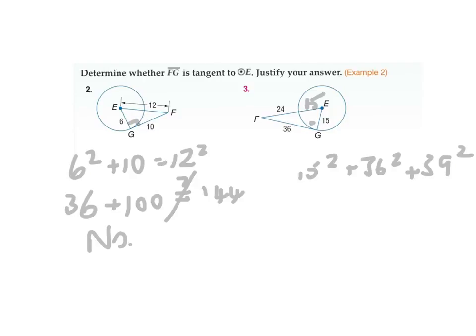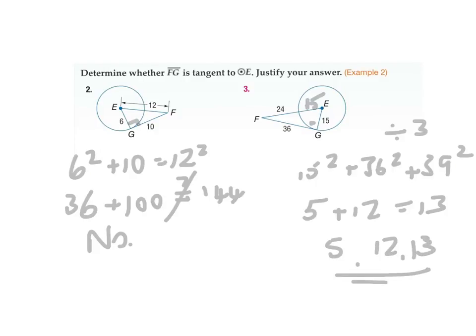But if you think about Pythagorean triples, if you factor by a factor of 3, then you've got 5, 12, 13. So in other words, this is a 5, 12, 13 triangle, and you know by now that that's a Pythagorean triple. So the answer is yes. So sometimes you have to do Pythagoras. Sometimes, if you can simplify it, you can find your Pythagorean triples. It's entirely up to you, one way or the other.